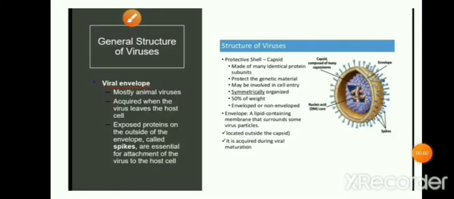Structure of viruses. We also say that the protective shell is called the capsid. The capsid is made up of many identical protein subunits, and it protects the genetic material. The capsid is symmetrically organized, icosahedral or helical, and viruses are either enveloped or non-enveloped.